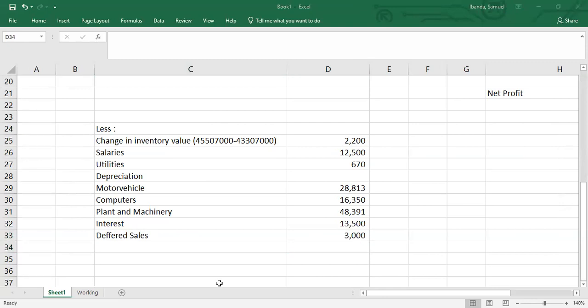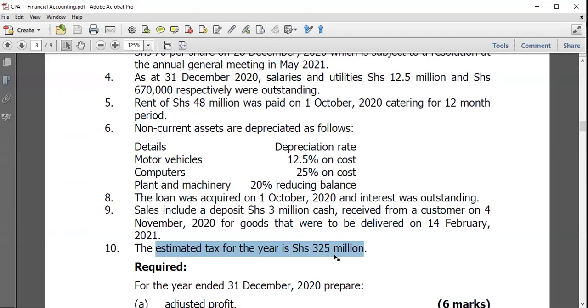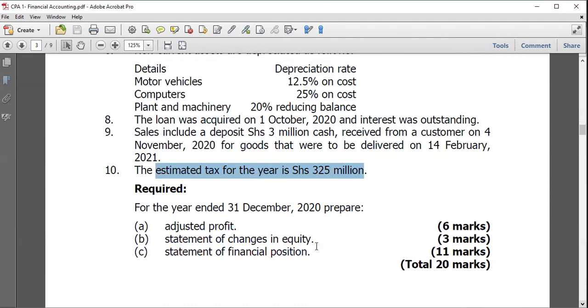So after that, they're telling me that the estimated tax for the period is 325. The estimated tax for the period is 325. Of course, tax affects profit negatively. Okay, so I'll go ahead to include the tax for the period, that value that I've been given, which is 325,000.